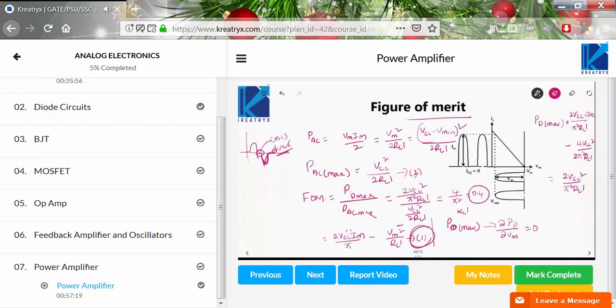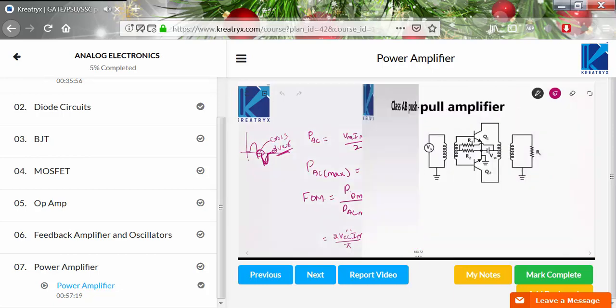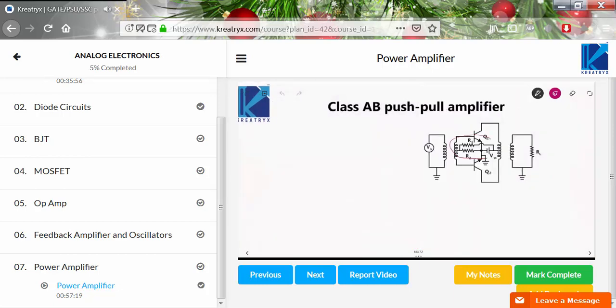To overcome this drawback, we are connecting a potential divider network in between two transistors. I will show it in the figure, right? Here to overcome this drawback, we are using the two resistors R1 and R2.